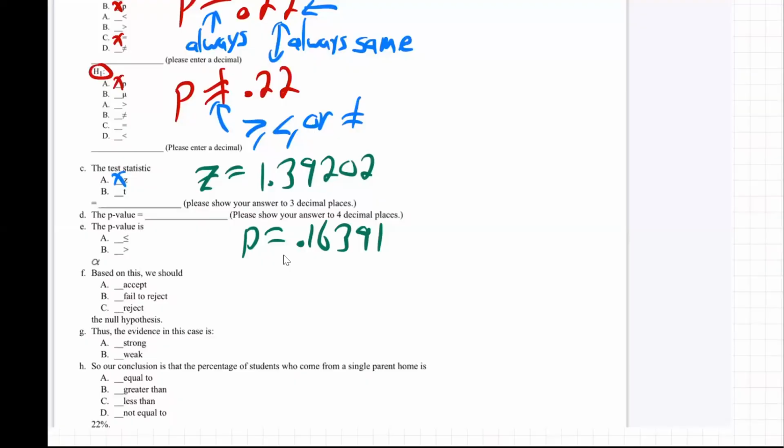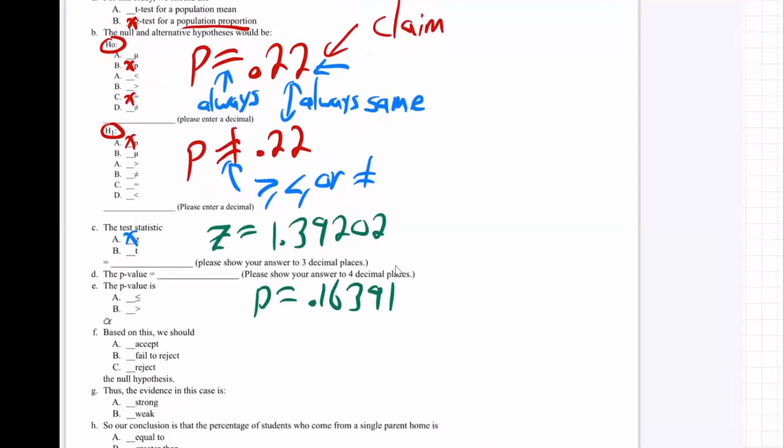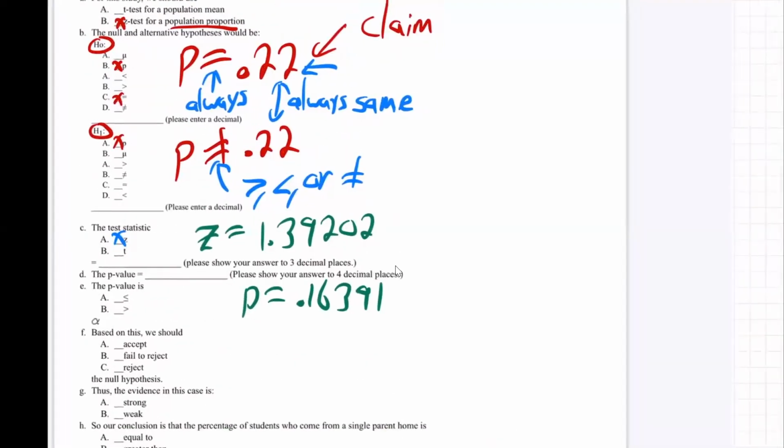And I will tell you, we went through those calculations. I wrote down the Z and the p that we got from the calculator. Z equals, and the p-value there. Now, the next line says the p-value is, and it wants less than, equal to, or greater than alpha.